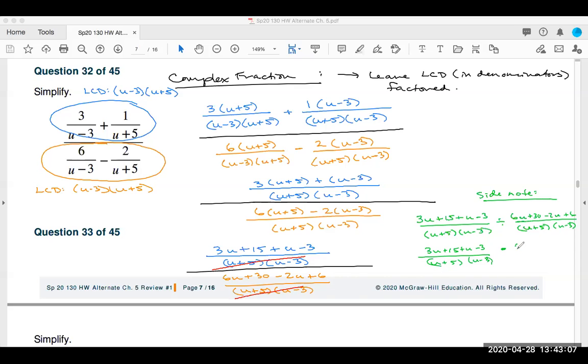And remember, we flip the second fraction. So that's why these guys cancel out here.